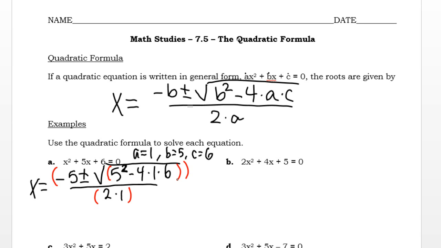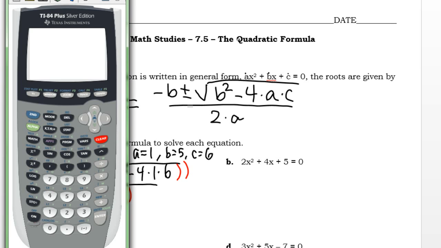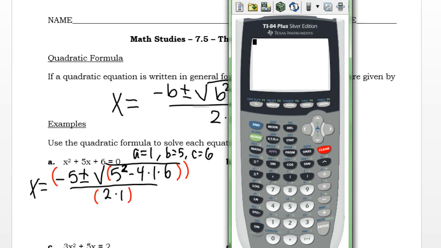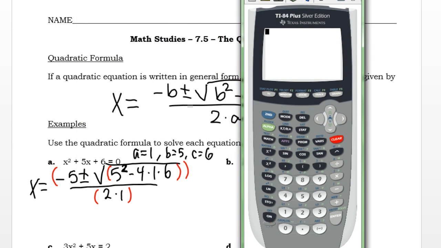So I'm going to just put that whole equation right into my calculator. So I have negative 5 plus the square root of 5 squared minus 4 times 1 times 6 over 2 times 1.